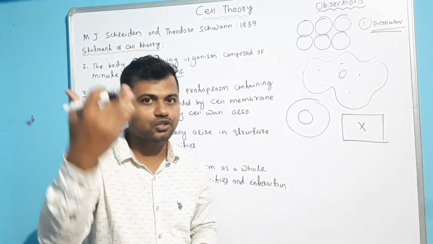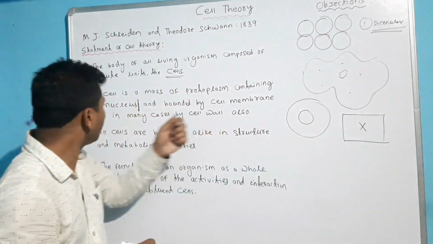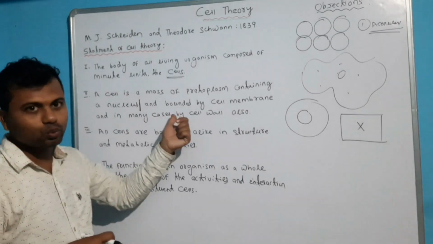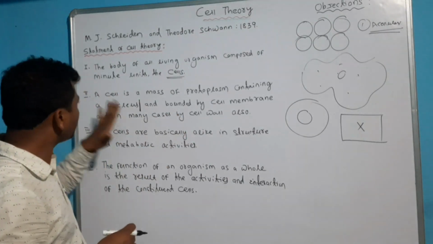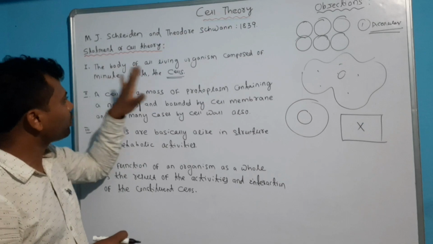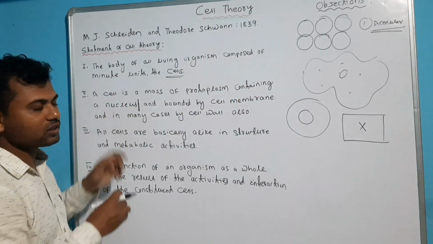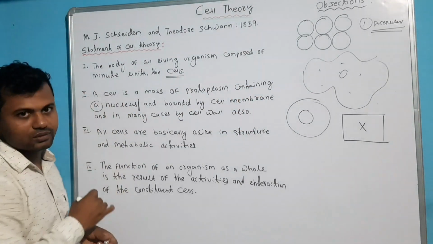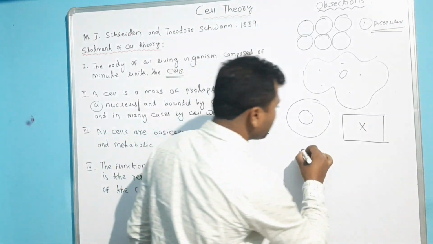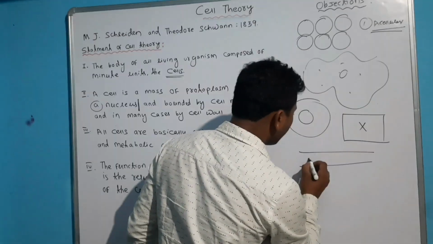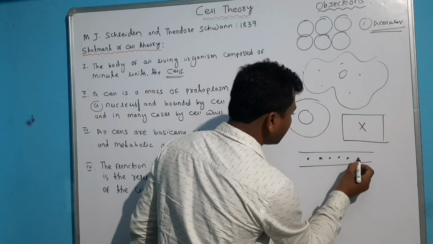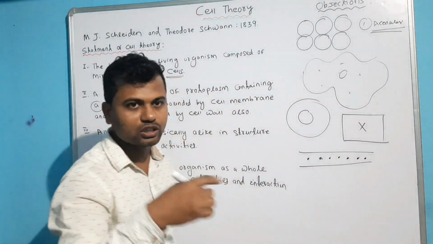Now come to the next objection. The next objection also comes from statement number 2. According to statement number 2, a cell is a mass of protoplasm containing a nucleus. 'A' means a single nucleus. But we found many cases where the body of the living organism contains many nuclei. Nucleus is singular, nuclei is plural.